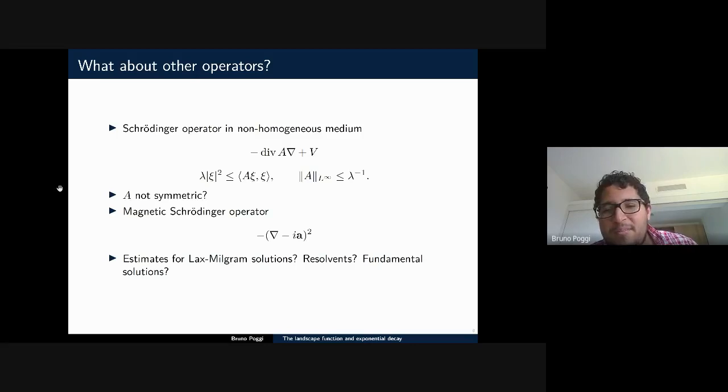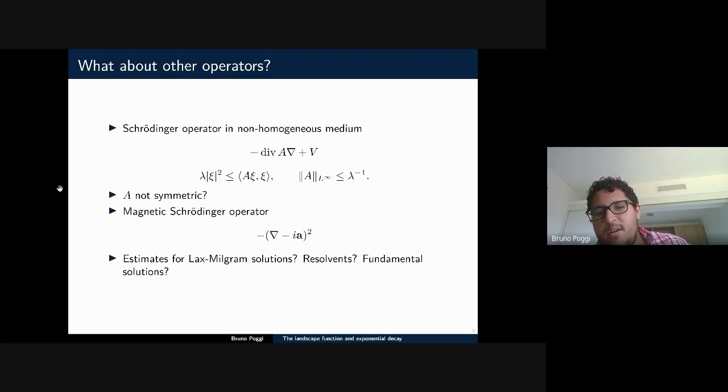It does not have many properties like the De Giorgi-Nash-Moser estimates or the Harnack inequality, for instance. Still, you will be able to control these solutions in a different way because they satisfy other principles. So it becomes interesting to see if you can prove exponential decay in this setting too.